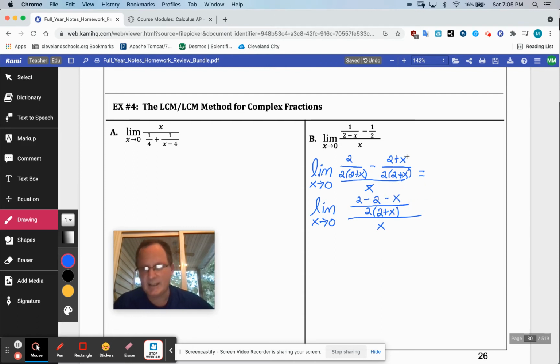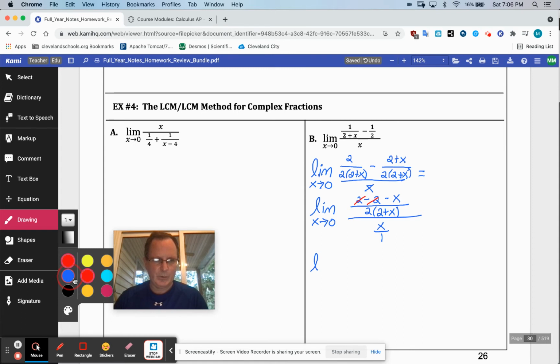Again, subtracting x, negative x. We'll think of that as 1, and I'll go ahead and show those two going away. So I got this crazy looking thing, but watch what's about to happen. It's kind of magical.